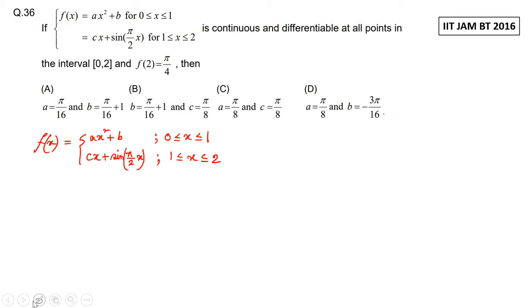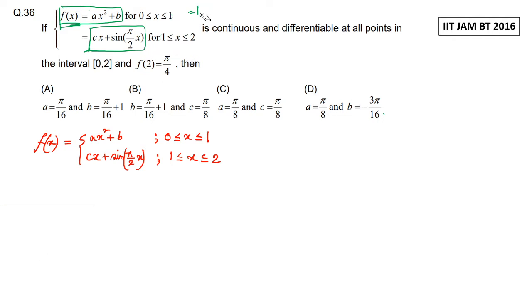Now first see that here f of x is given in 0 to 1, that is when x is less than equal 1, that is when x is equal 1, then it is valid, f of x is equal ax square plus b, and when x is 1 less than equal x, that is x is equal 1, then also f of x equals cx plus sine pi by 2x.